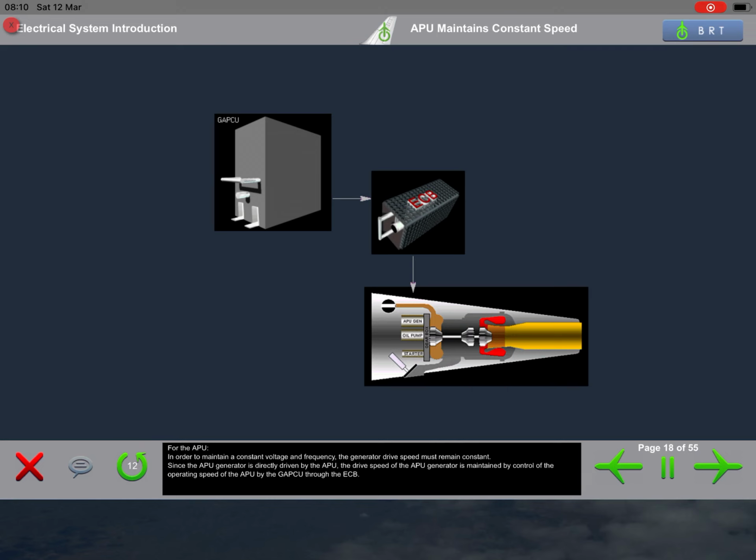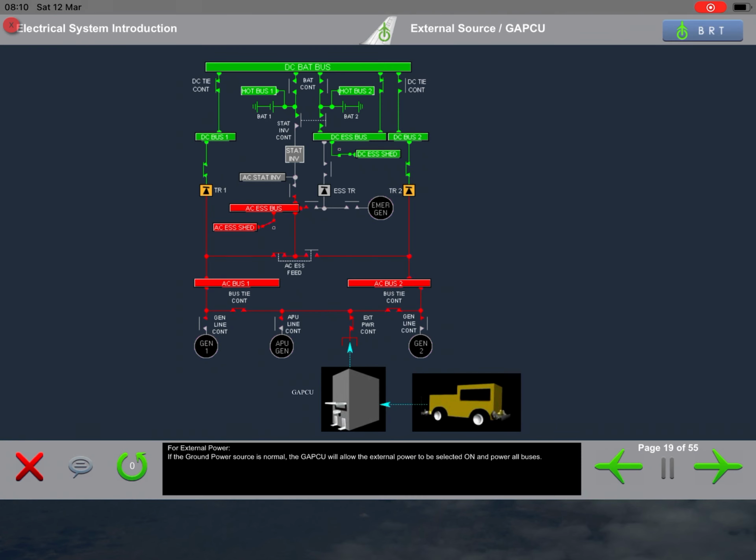Since the APU generator is directly driven by the APU, the drive speed of the APU generator is maintained by control of the operating speed of the APU by the GAPCU through the ECB. For external power, if the ground power source is normal, the GAPCU will allow the external power to be selected on and power all buses.